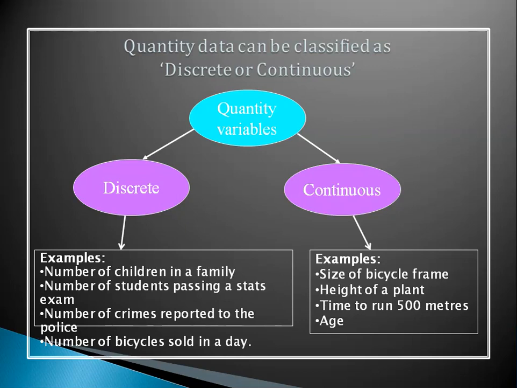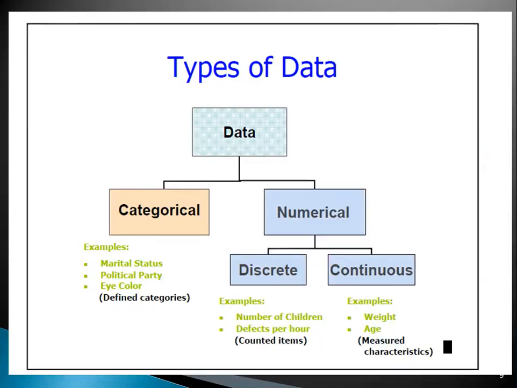Discrete, for example, like number of children in a family, number of students passing a state examination, number of crimes reported to the police, number of bicycles sold in a day; or continuous, like size of bicycle frame, weight of plant, time of run in 500 meters, age, etc. And categorical, like marital status, political parties, eye color, etc. That type of data is called categorical type of data.